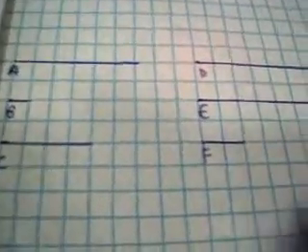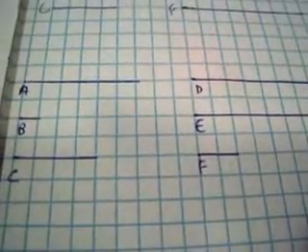Alright folks, this is Euclid Book 5, proposition number 21. It says, if there be three magnitudes, do you see three magnitudes on this page here? Of course you do. And others equal to them in multitude. Do you see three other magnitudes?